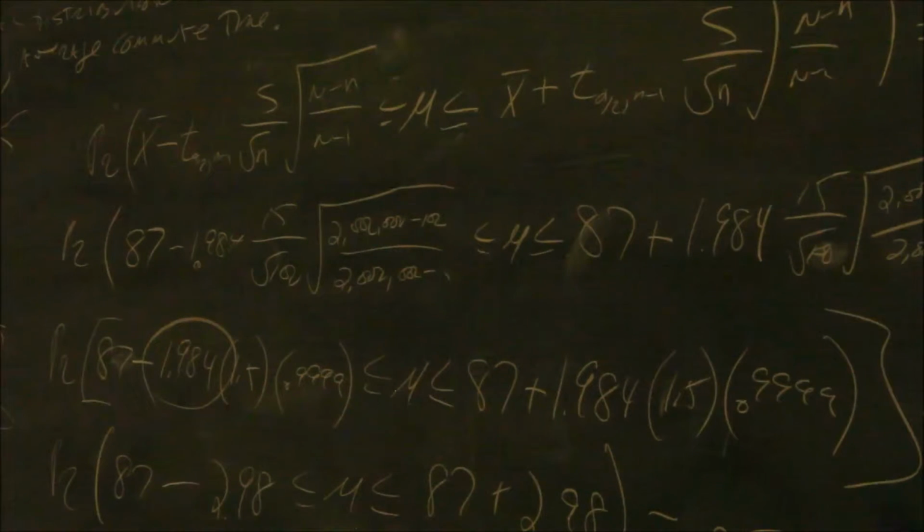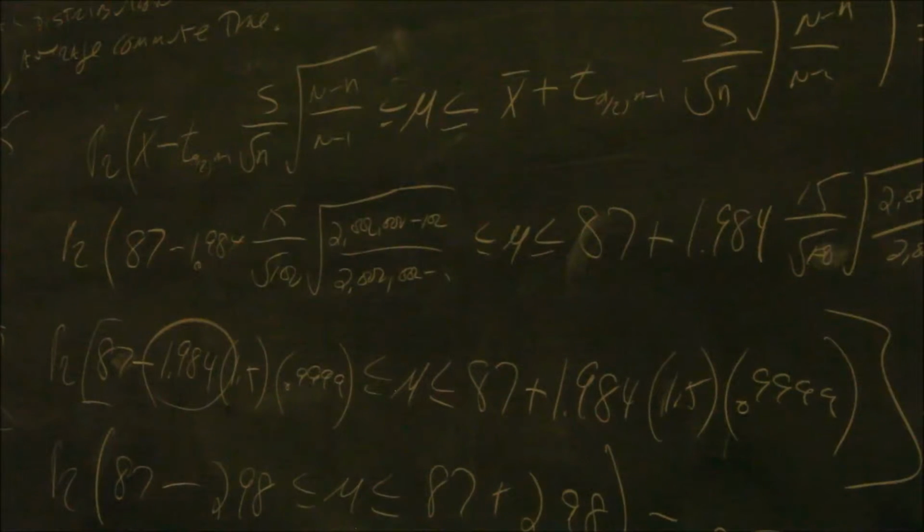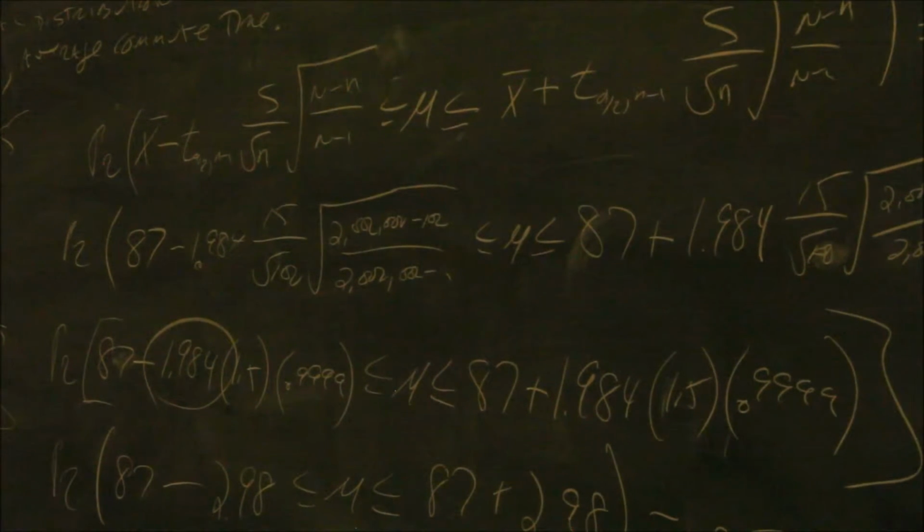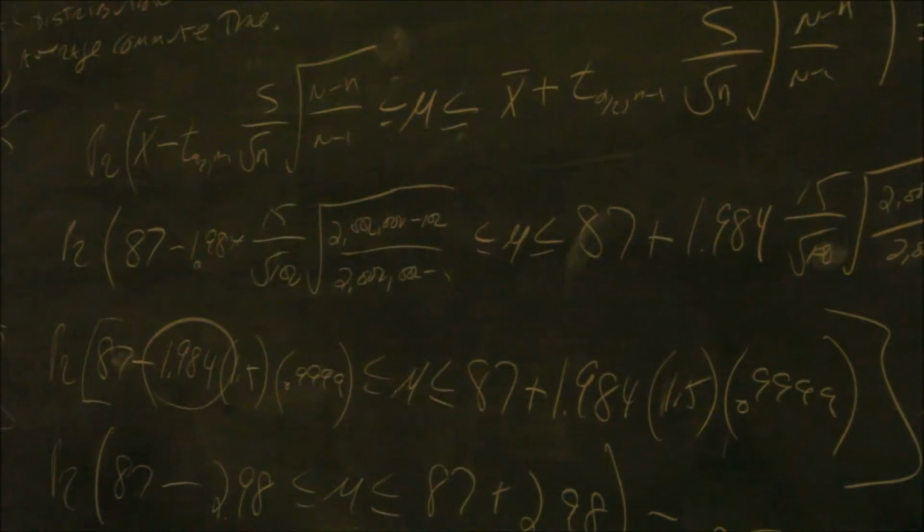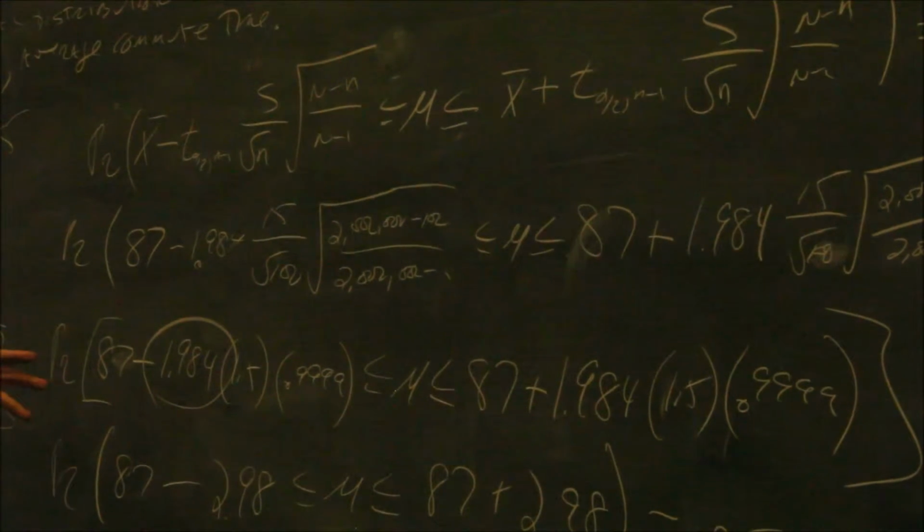So basically what's happening here is you're using an estimate, S, to make an estimate for mu. Whereas in the last one, we didn't have to estimate the parameter because we knew sigma. So when you use an estimate to make an estimate, you lose what they call a degree of freedom.